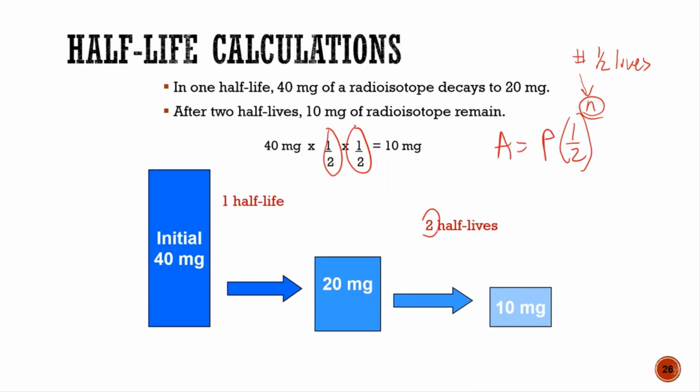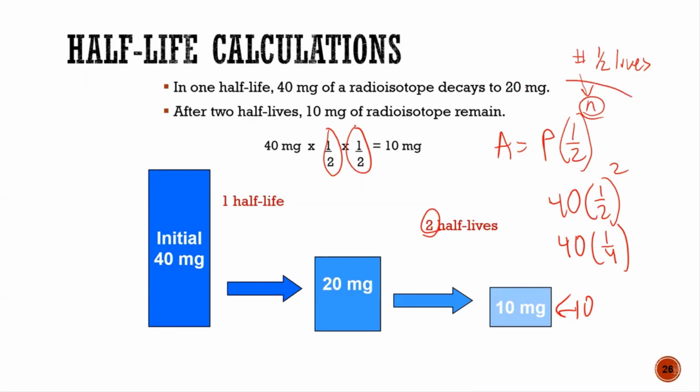So if you have 2 half-lives, and I'll put in 40, instead of going 1/2 times 1/2, you do it to the second power, right? What's 1/2 to the second power? 1/4. What's 1/4 of 40? 10. So that's how you can do it.